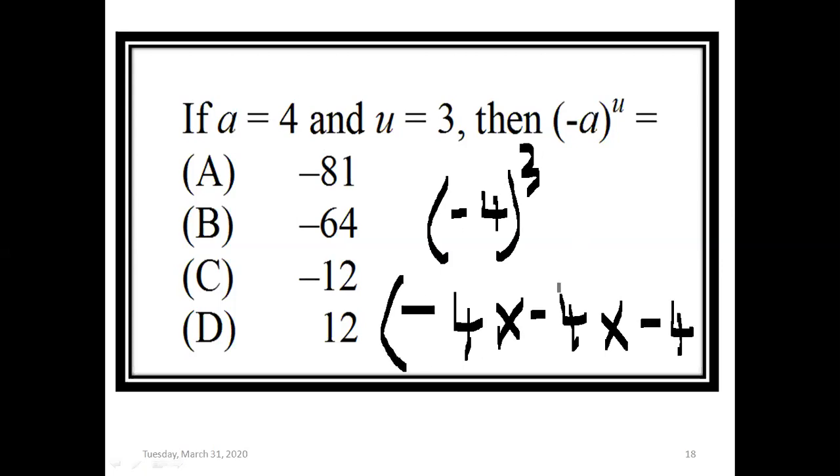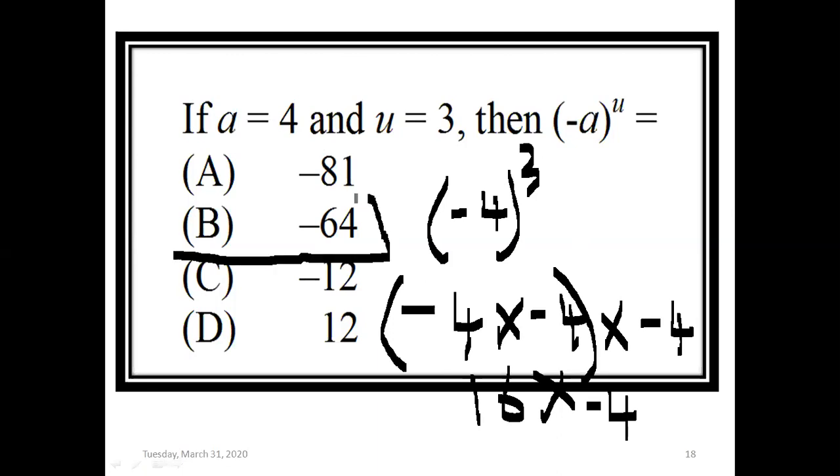Let's work out the first two: that's going to be positive 16, not true? Multiply by -4, and that will give us -64. Any questions?